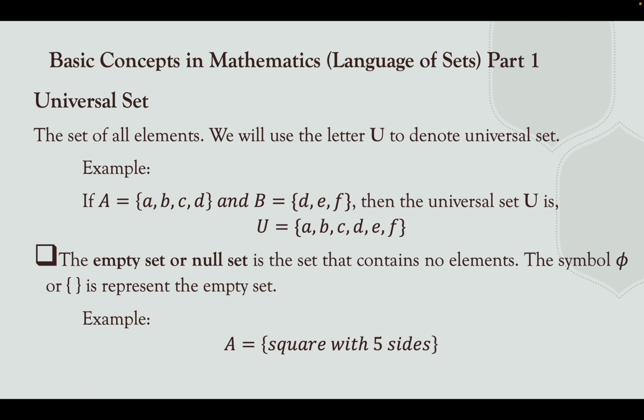No, because squares have only 4 sides, right? So that is an empty set or null set. Another example, set B, we have days that start with the letter R. We have Monday, Tuesday, Wednesday, Thursday, Friday, Saturday, Sunday. There are no days that start with the letter R. That is considered an empty set or null set.